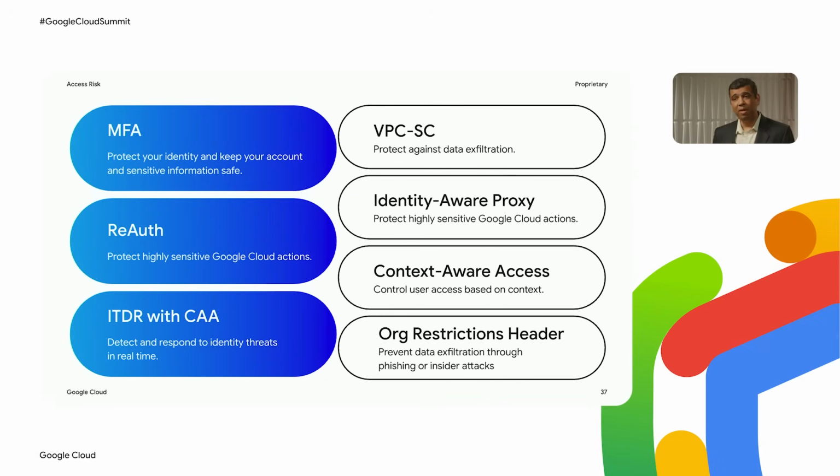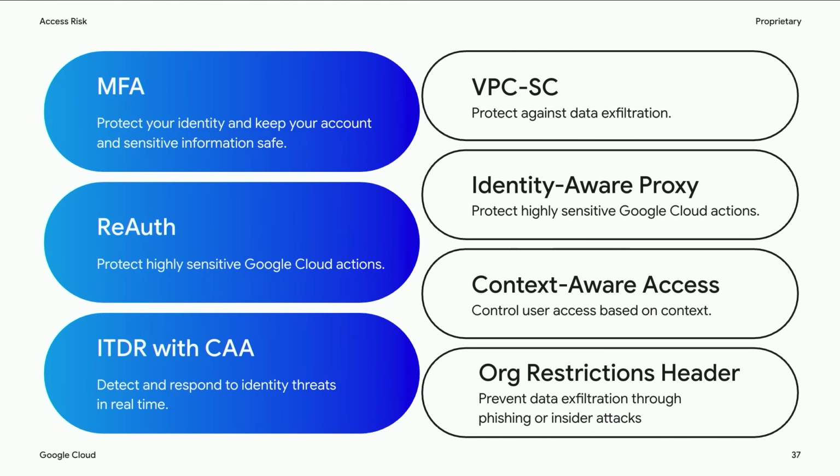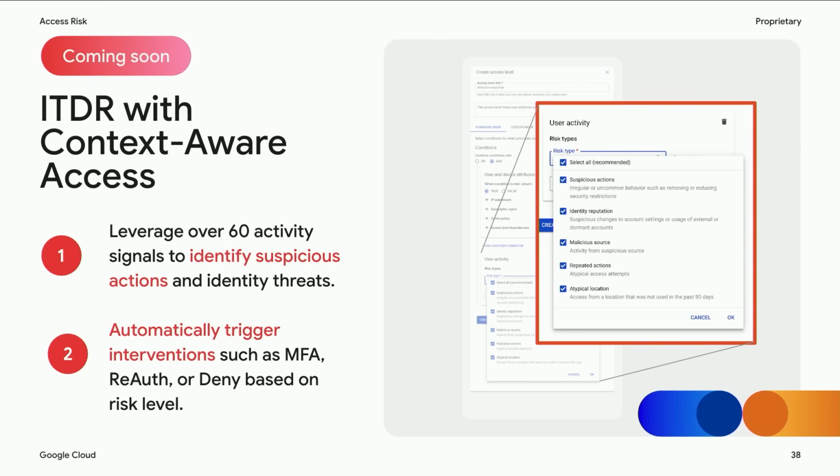Now, on top of MFA, we have a number of other capabilities as well, including reauth, identity threat detection and response, and controls like VPCSC, identity-aware proxy, context-aware access, and org restriction setter. Now let's talk about identity threat detection and response capabilities. This capability leverages over 60 activity signals to identify suspicious actions and identity threats, which means that in real time, you can identify if an attacker is trying to access your resources.